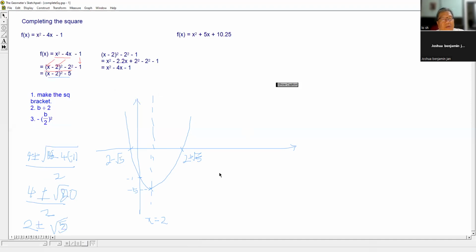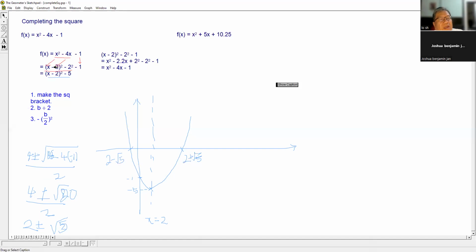Okay, so this is how you sketch the graph. But the most important thing is how to complete the square. You use the first 2 terms to create the square bracket. So you put x minus, what is the number here? -4.